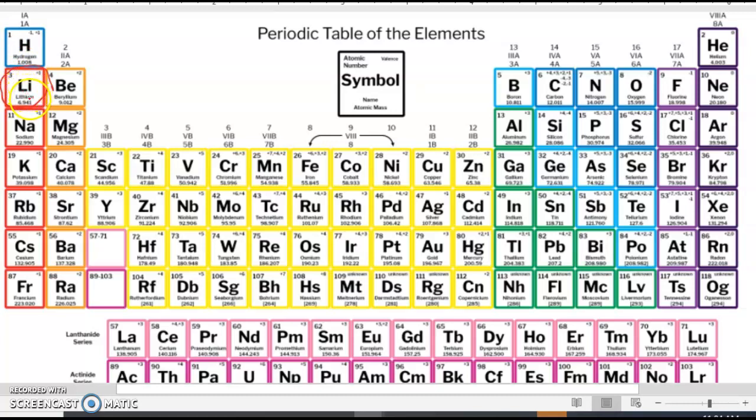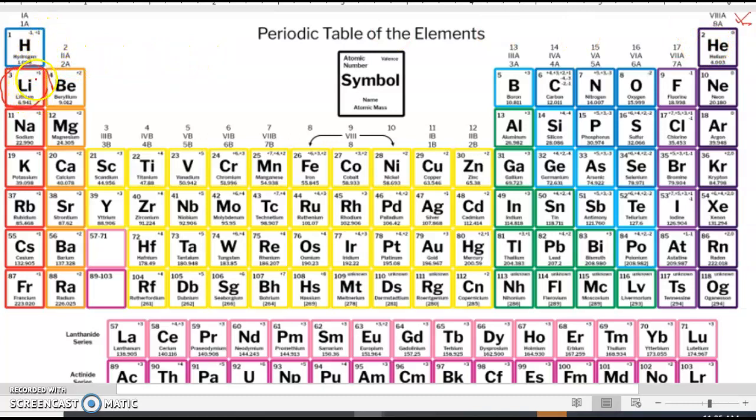Everybody on the periodic table wants to be like the noble gases over here with respect to electrons. So the nearest noble gas to lithium is helium. How many electrons would lithium need to lose to be just like helium? Since it has 3 and helium has 2, it would need to lose 1 electron.